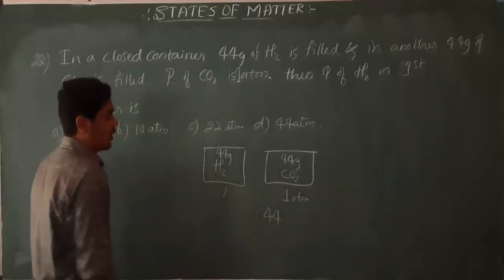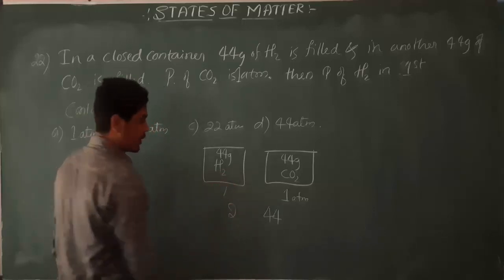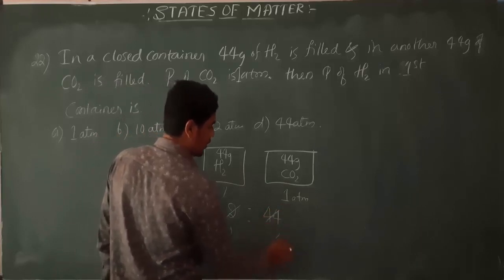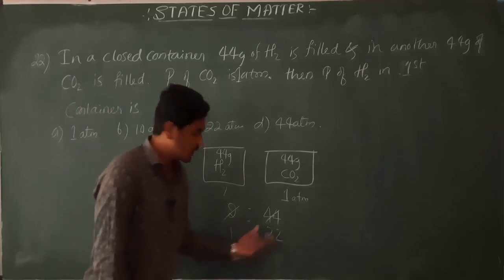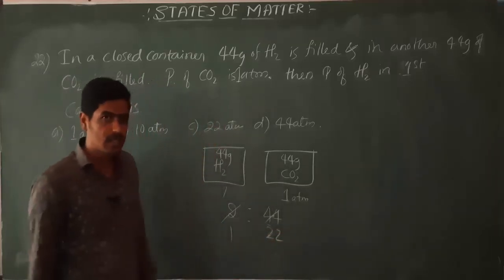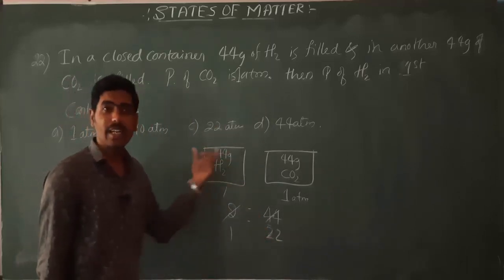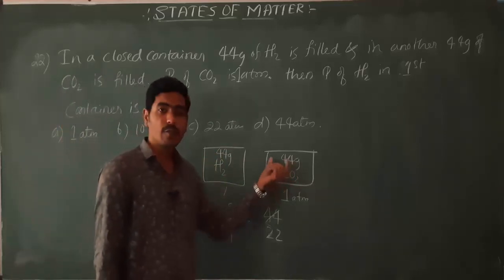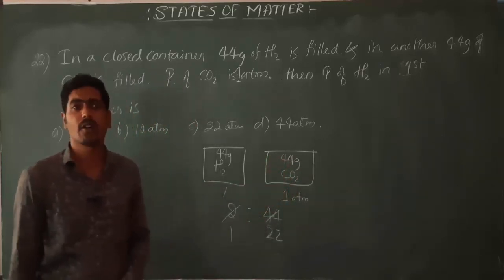What is the molar mass of carbon dioxide? 44. And what is the molar mass of hydrogen? 2. Take the ratio. How much will you get? 2 ones are 2, 22 twos are 44. So if you take the ratio, here you have got 22. That means 22 atmospheric pressure is there in this container, because in the other there is 44 gram, that means only 1 mole of carbon dioxide is there.